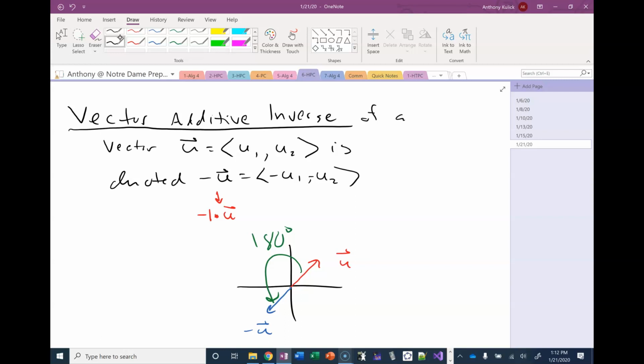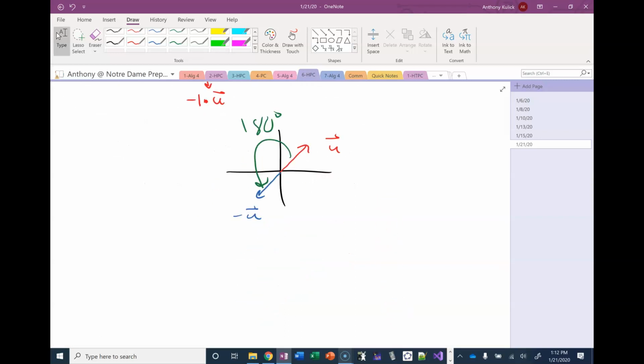Okay. So we needed the scalar multiplication and this vector additive inverse to define what operation? Subtraction.